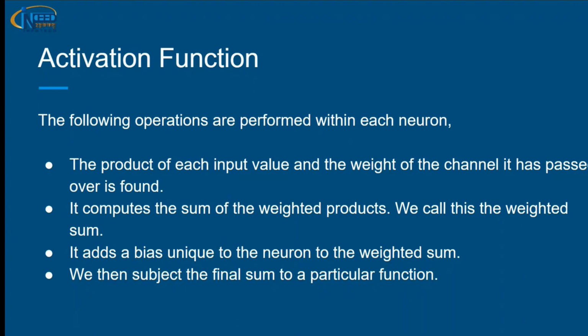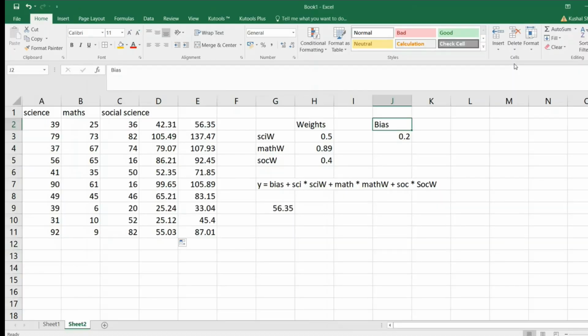Okay, the product of each input value and the weight of the channel is passed over. It computes the sum of the weighted products. We call this the weighted sum. So here, when we were doing a2 into 0.5 plus b2 into, this is the weighted sum.